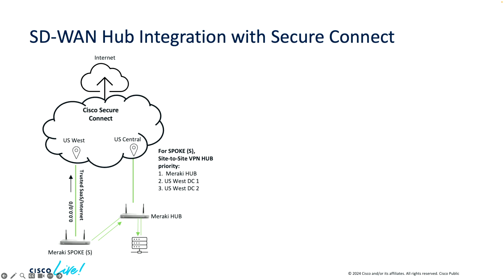Do you still want to route your traffic directly from a branch to the hub, or do you want to route it through our fabric? If you decide to route that traffic directly to your hub, no problem. You just change the hub priority in our VPN fabric, and it's as simple as that. So for brownfield customers, depending on your topologies, we can help you achieve the use cases here.